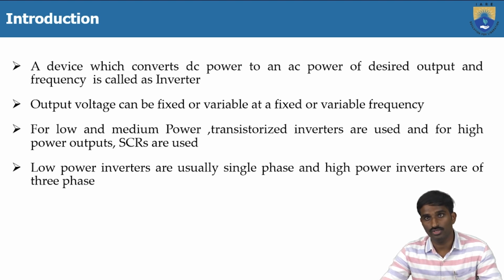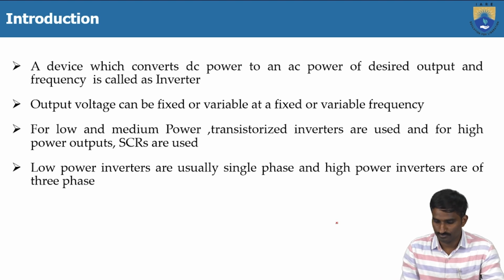And not only variable AC, but also variable frequency, which means the desired frequency we will also get by using the inverter. So the output of the inverter can be fixed or variable, at a fixed frequency or a variable frequency, which means there are two parameters on the output side.